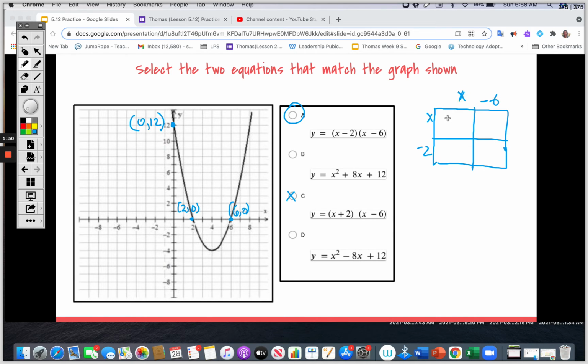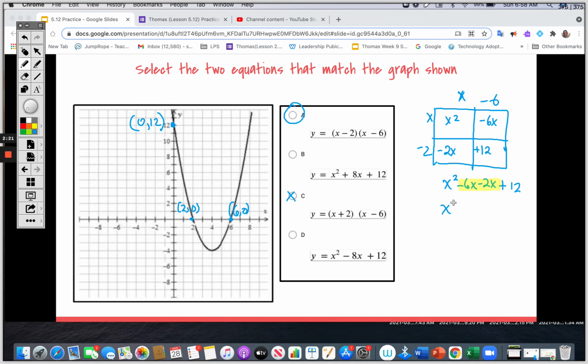So x times x, that's x squared. X times negative 6, that's negative 6x. X times negative 2, that's negative 2x. And negative 2 times negative 6 is going to be a positive 12. So when we simplify, we're going to end up getting x squared minus 6x minus 2x plus 12, which when we combine our like terms, negative 6 and negative 2, we're going to end up getting negative 8x.